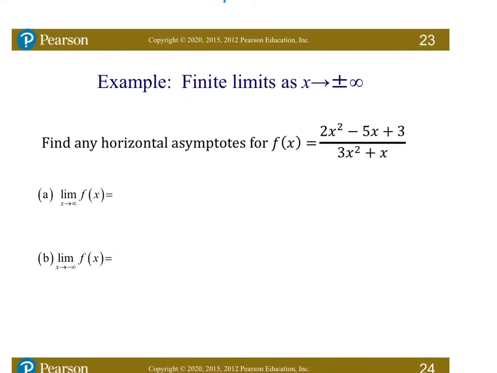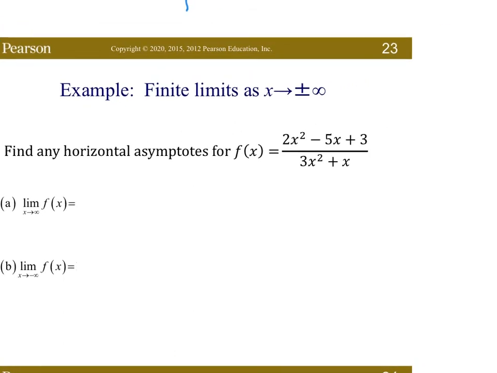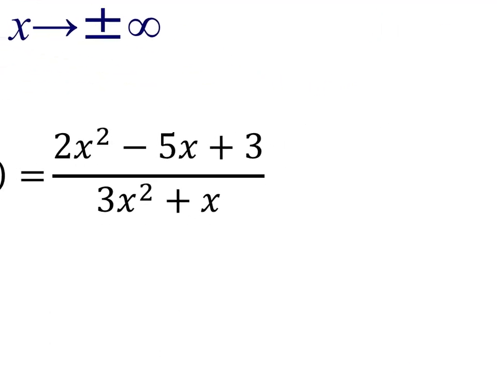So let's apply that. Does this problem have any horizontal asymptotes? Well, first you check by plugging in infinity. So I'm going to put infinity here, here, here, and here. Infinity squared is still infinity. 2 times that is still infinity.